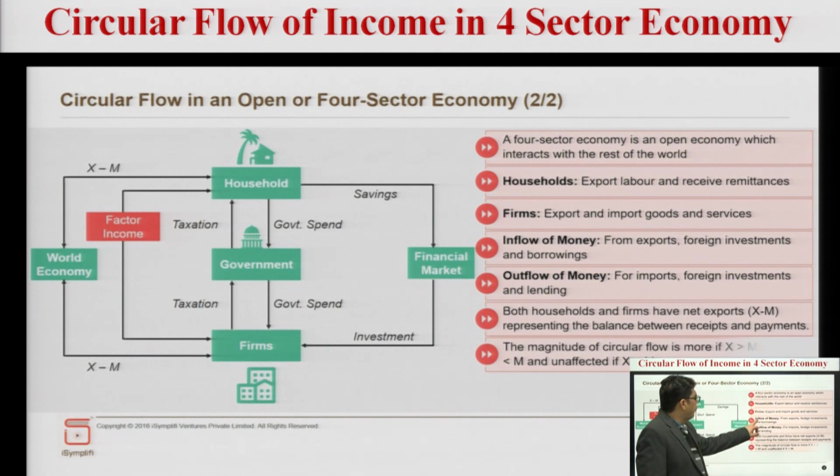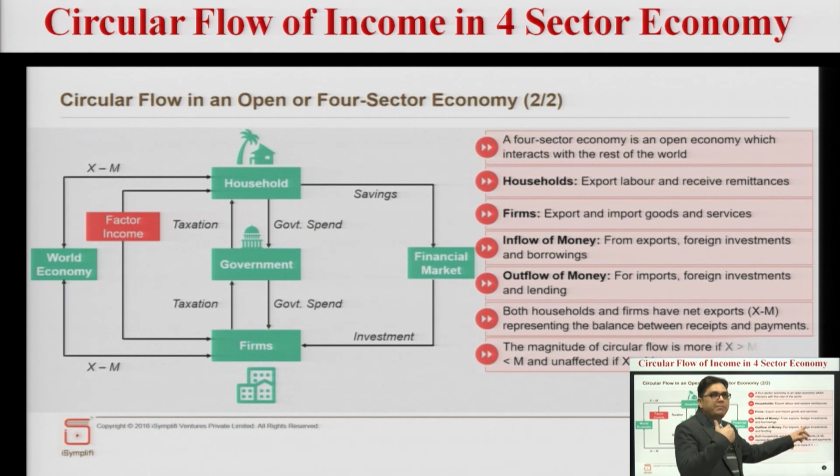Next, it is the inflow of money, from export and from foreign investment and borrowing. So the inflow of money keeps coming either from export or foreign investment, or India keeps borrowing from the rest of the countries. FDI is one major component through which the circular flow of income in India is increasing. Outflow: we are importing more, so we have to make certain payments, so outflow will be there.